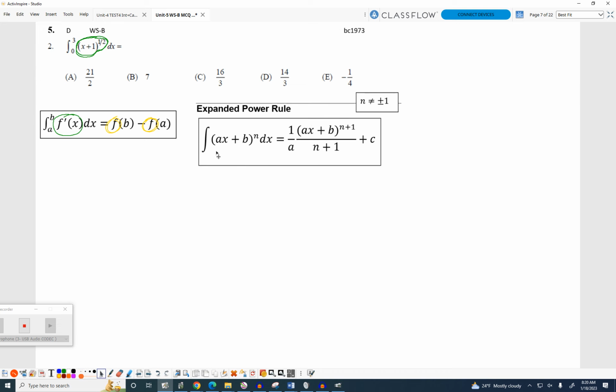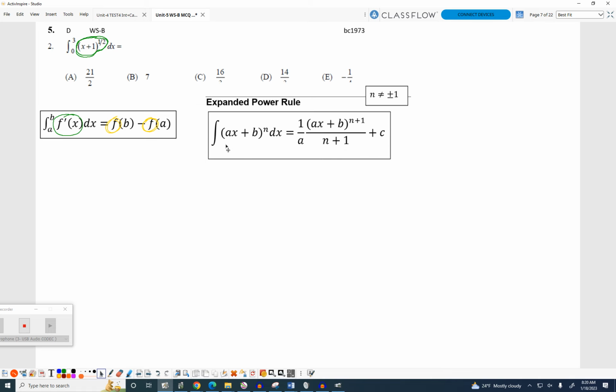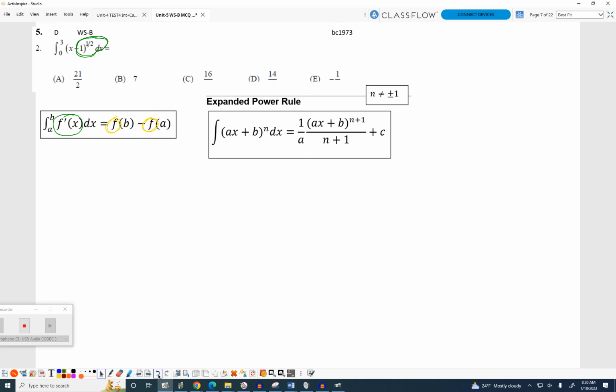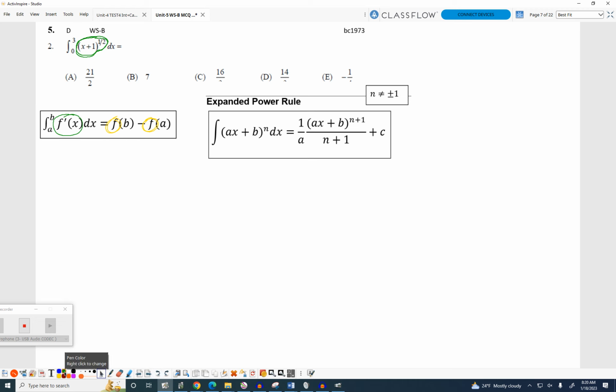So we'll go to Tara. If I'm trying to make this right here in green look exactly like what I see, I have to be able to choose an A, a B, and an N. So what's A, Tara?